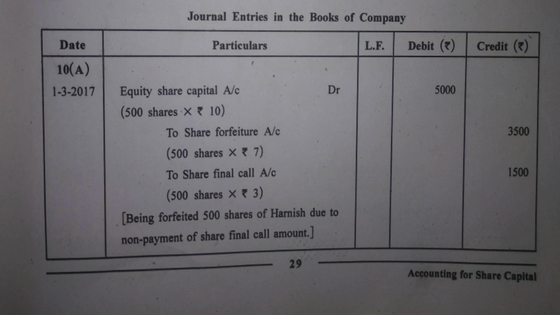So firstly, on this date, equity share capital account debit, number of shares forfeited into amount called up, 500 into 10, 5,000. I repeat, equity share capital account debit, 500 into 10, 5,000. Then to share forfeiture account, it is 500 into 7. Why?